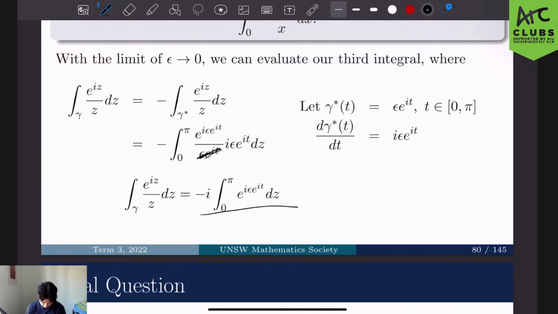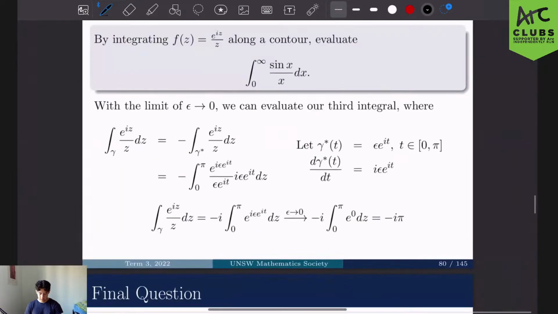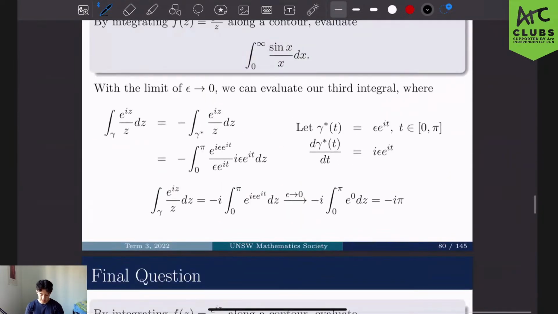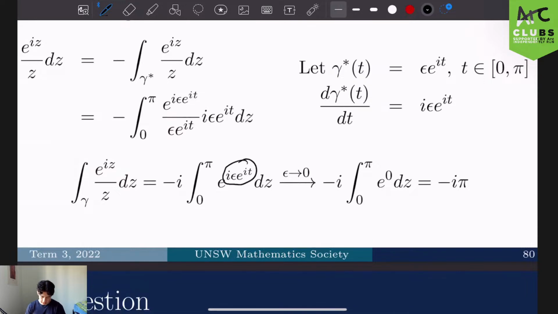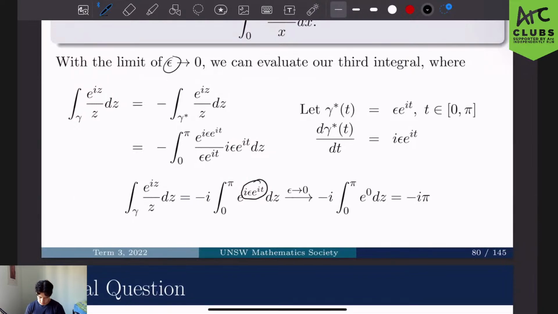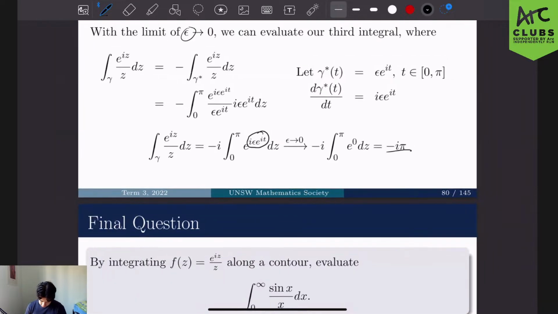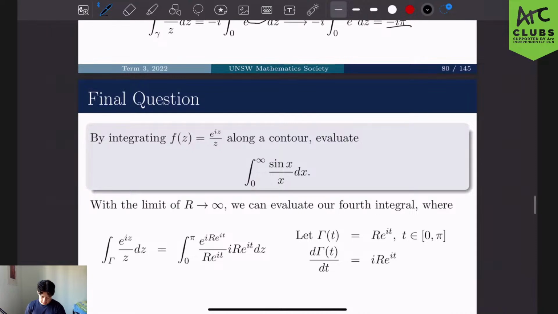This will cancel, and this will cancel, and then we take the i out. As epsilon tends to 0, the exponent here also approaches 0, so this is e to the 0. Integrating with respect to t, either way we get negative i pi.